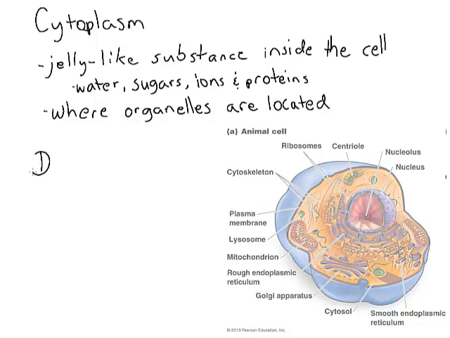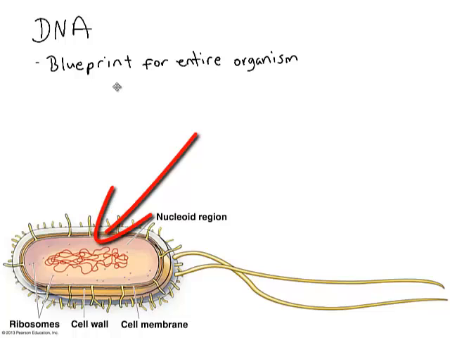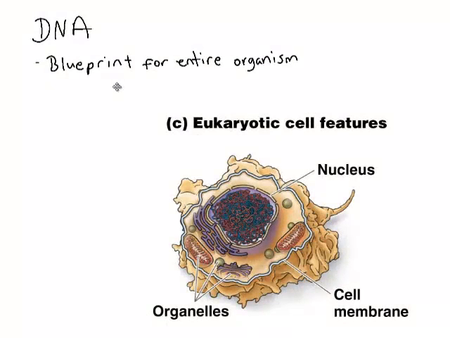The last common component of the cell is DNA, which contains the blueprint for the entire organism. In some cases, such as bacteria or archaea, single-celled organisms with no nucleus, the DNA is just floating around in the cytoplasm. All of the eukaryotic organisms, or organisms whose cells have a nucleus, have the DNA located in the nucleus.